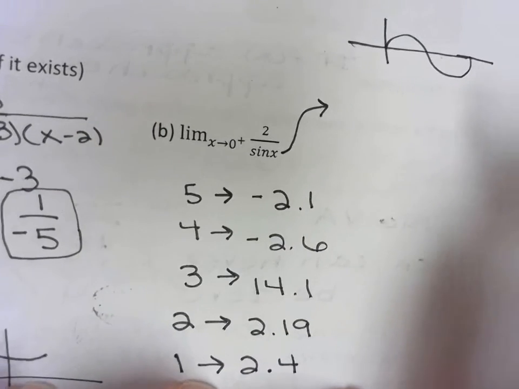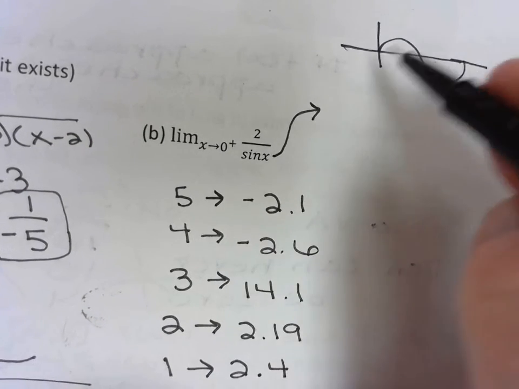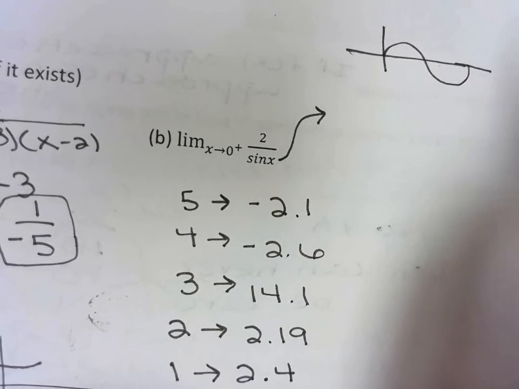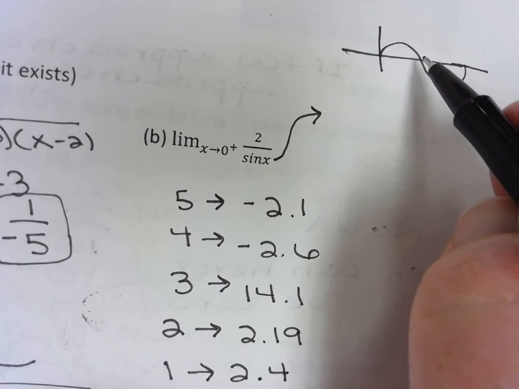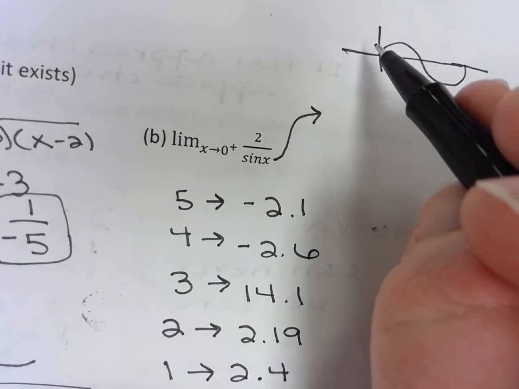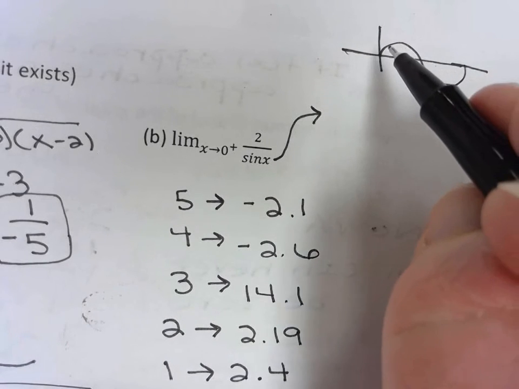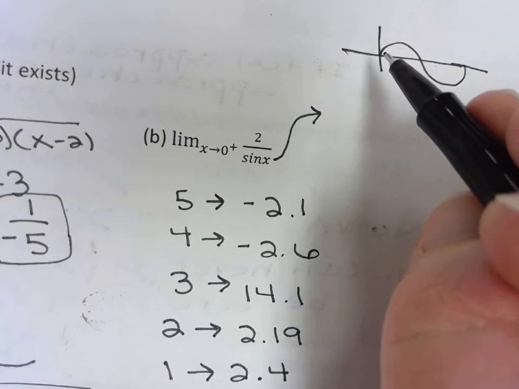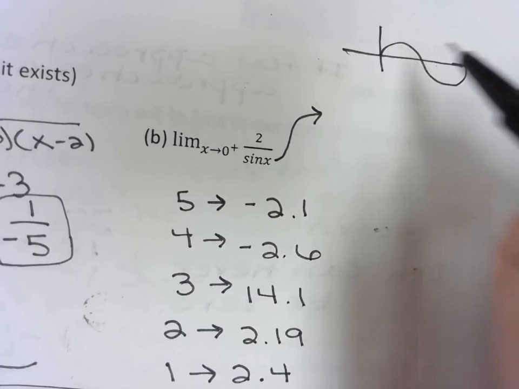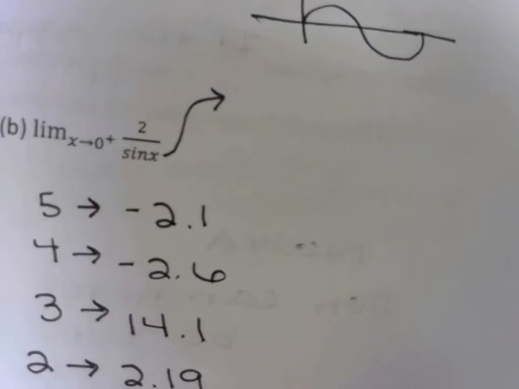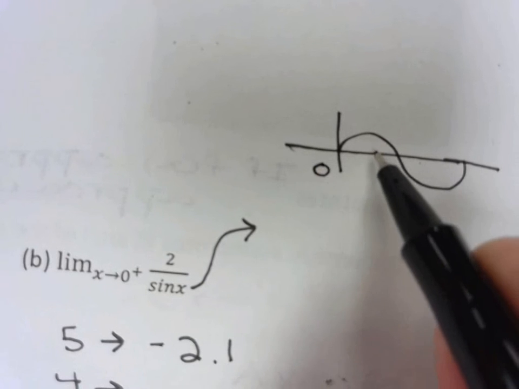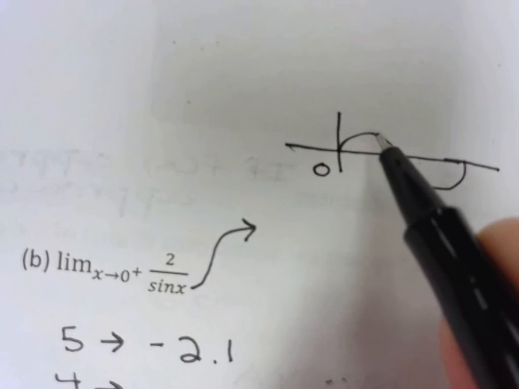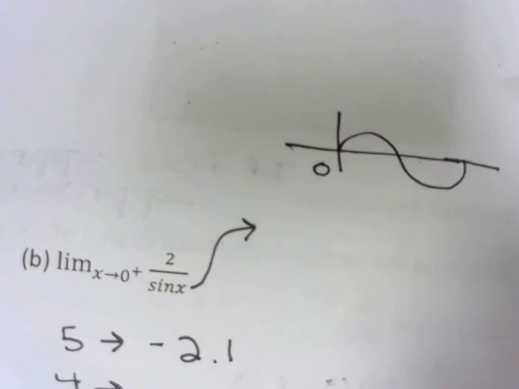and it doesn't really surprise me that it oscillates because sine goes up and down. As my sine graph is approaching 0 from the right, what is my y value doing? So I'm only worried about the sine. As I'm approaching x value 0 from the right, my y values are getting smaller.